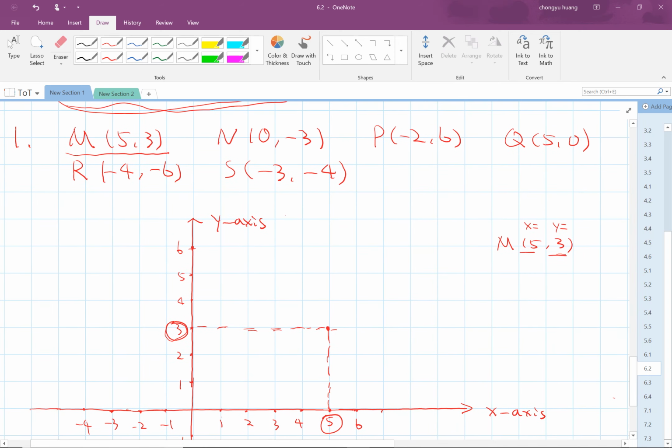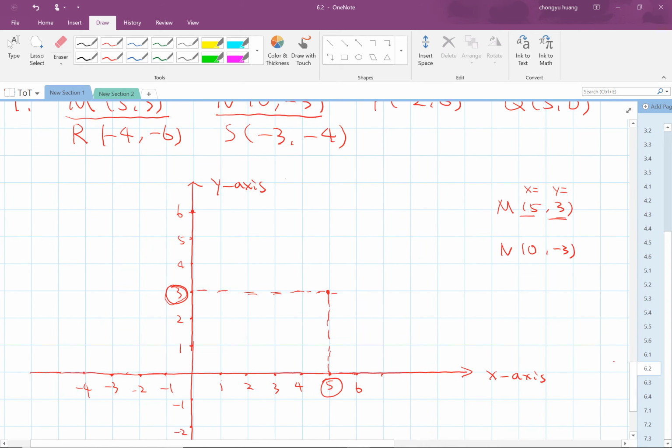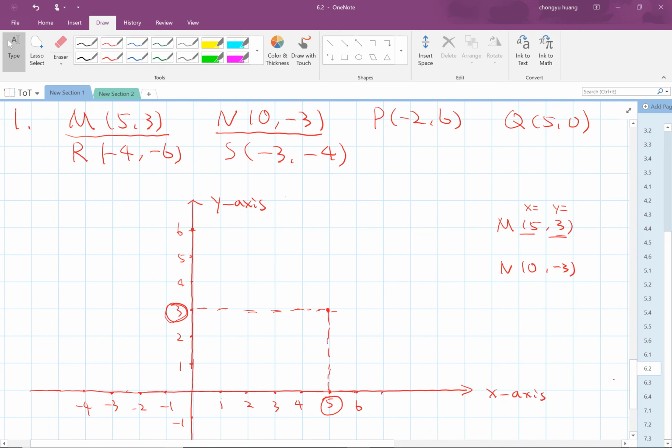Okay, our next point is n, (0, -3), right? x equal to 0, y equal to -3.